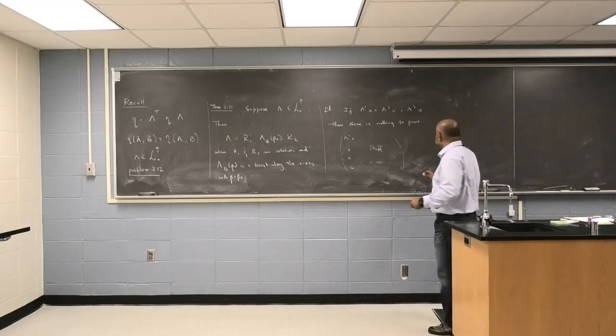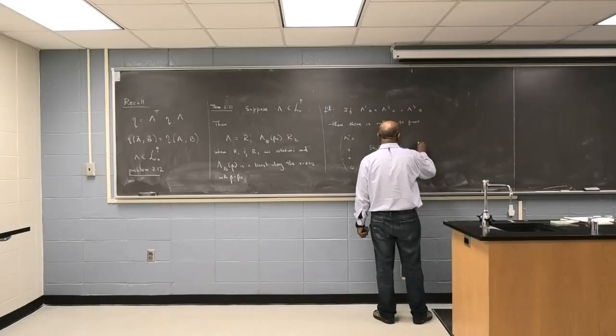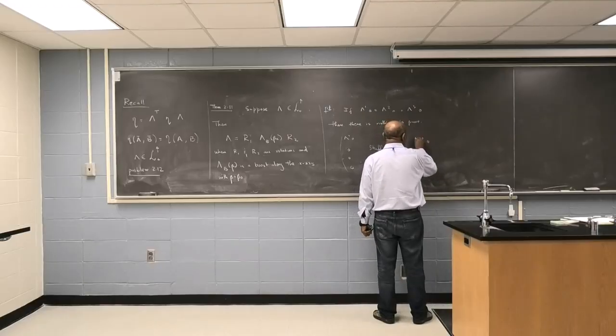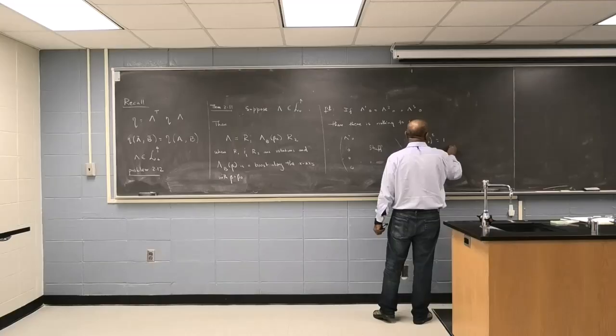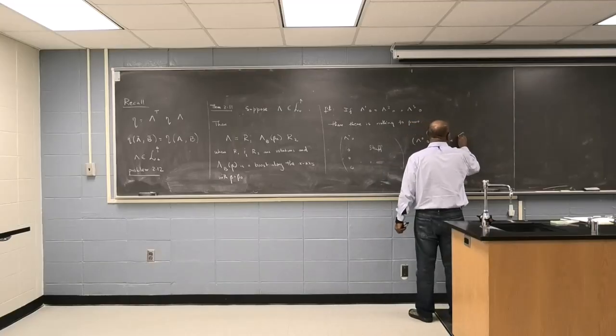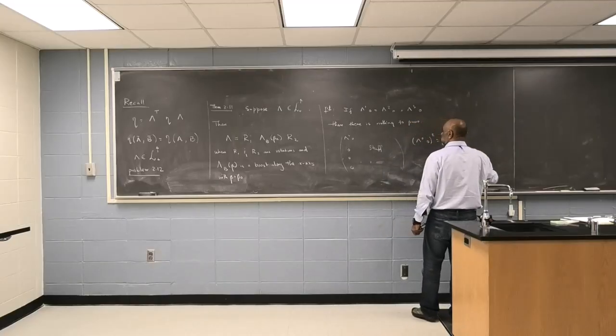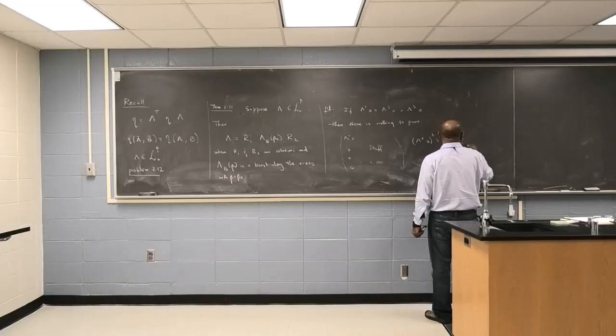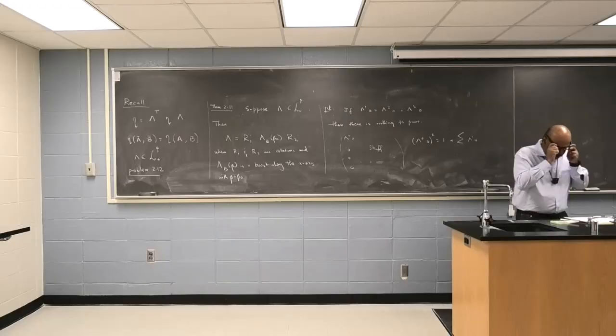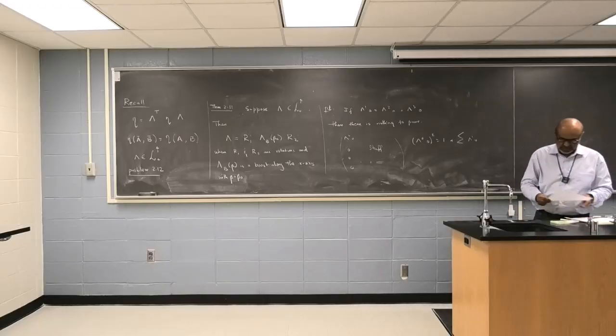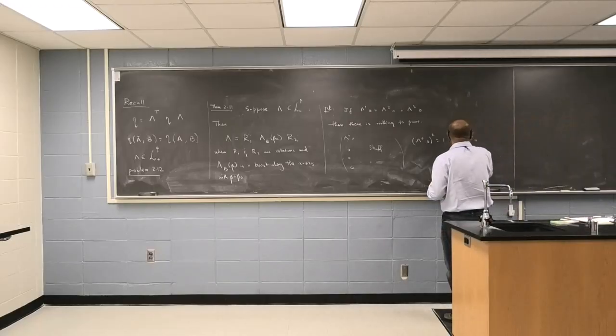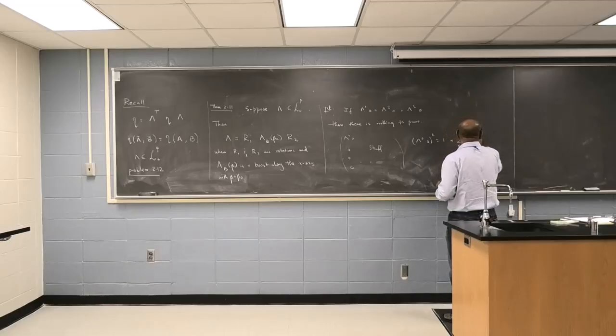In this case, first of all, I would have that lambda 0,0 squared equals 1 plus, what was that result before? The sum for k equals 1 to 3 of lambda 0,k squared.